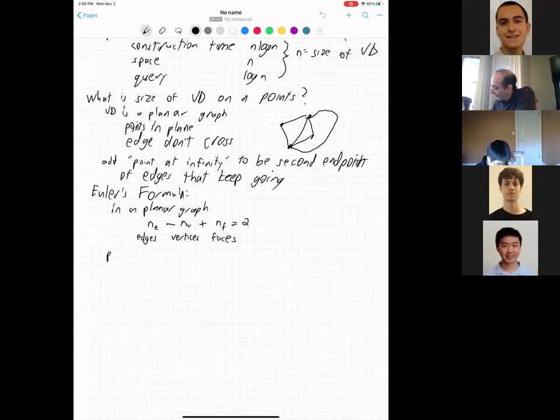Let's prove it by induction. So what we're going to do is consider our planar graph.